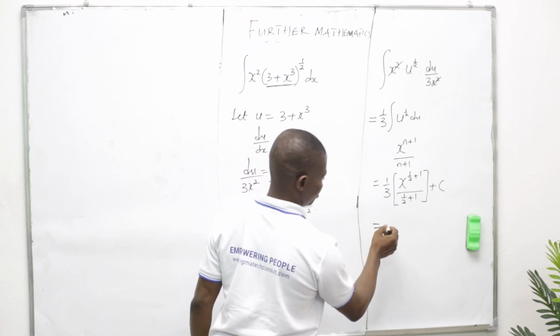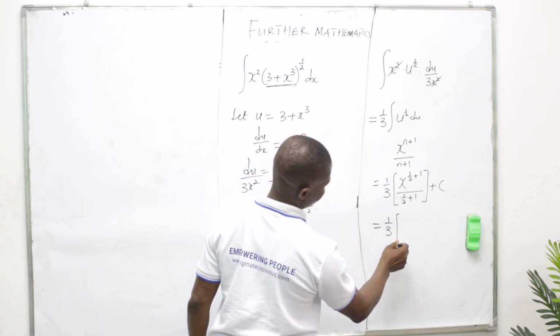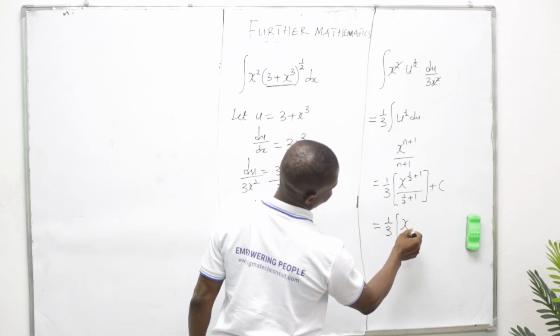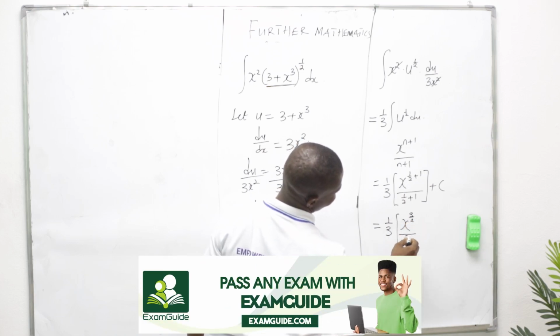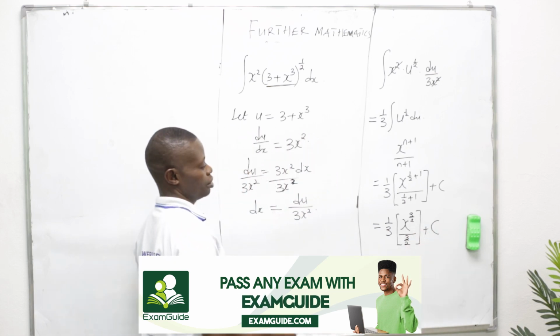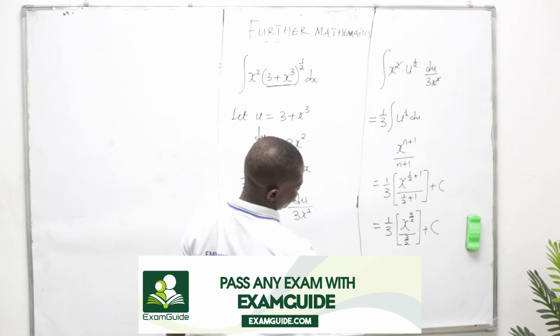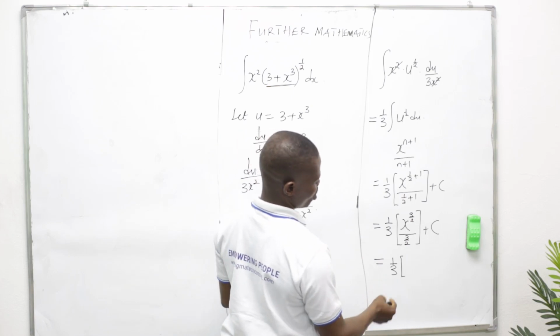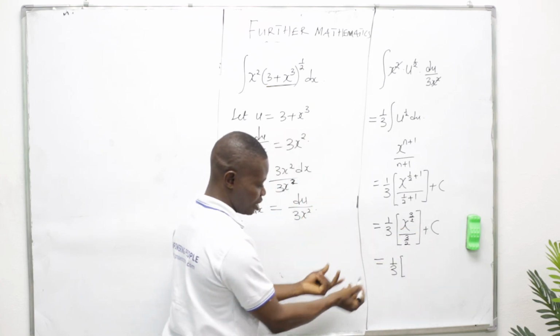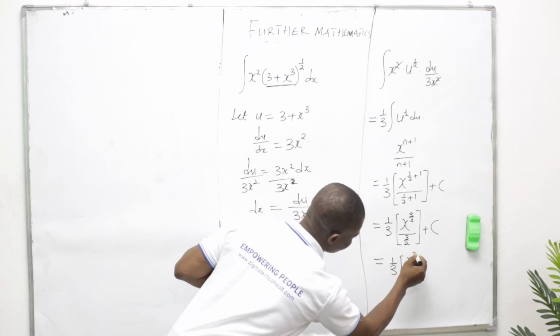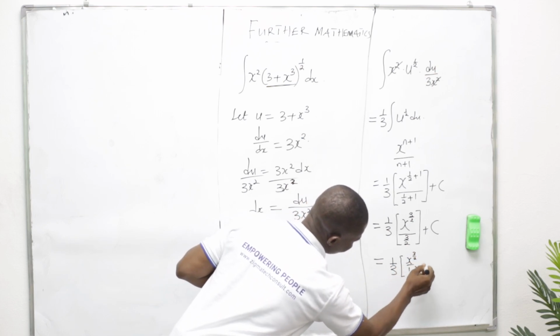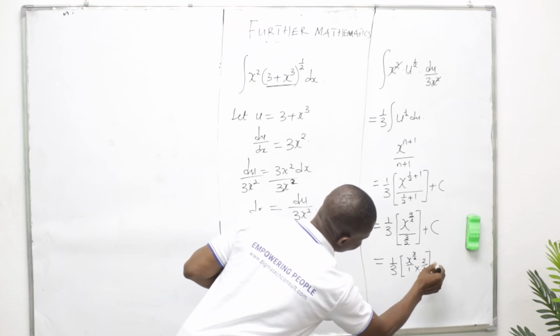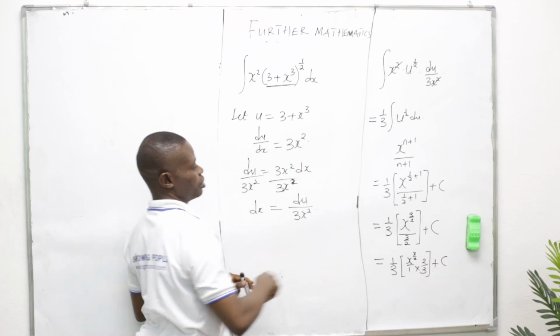If you have this, 1 all over 3 into u power 3 over 2 all over 3 over 2 plus constant. We're going to have 1 all over 3 into 3 over 2 all over 1, which is multiplied by what? 2 all over 3 into this plus the constant.